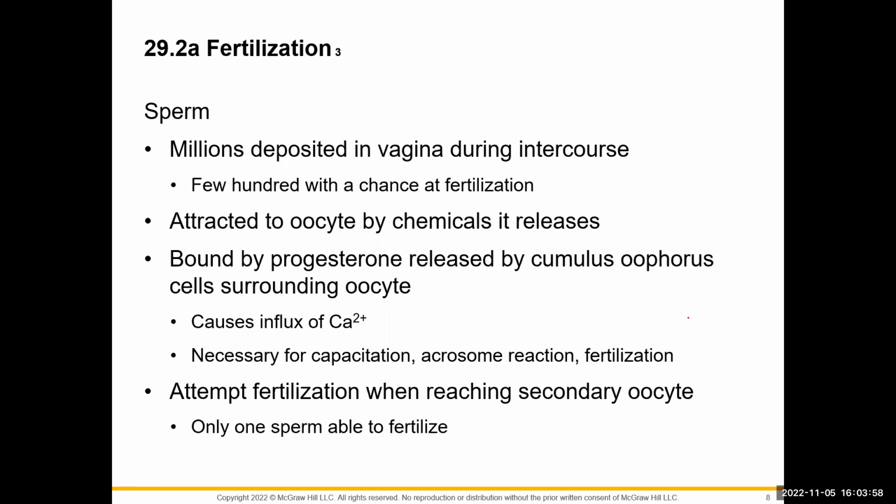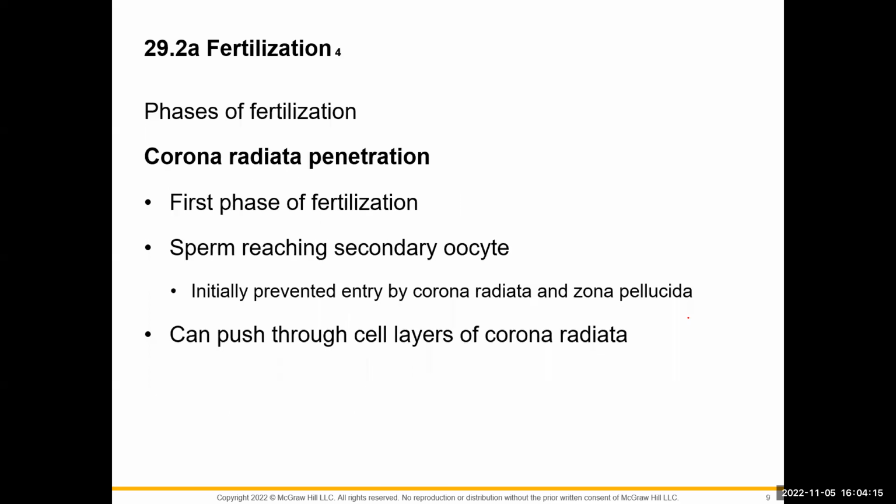Because if you get more than one, if you get polyspermy, then you can run into some genetic issues in which the zygote becomes unviable and eventually it just won't live. So that's why it's one sperm per egg. So here's kind of what happens with fertilization.